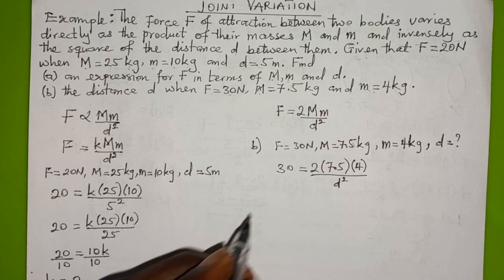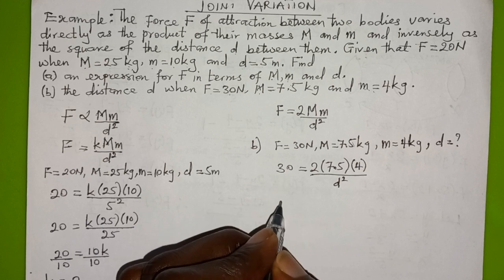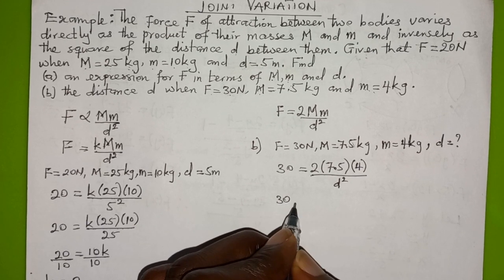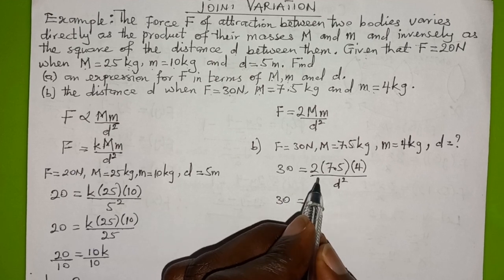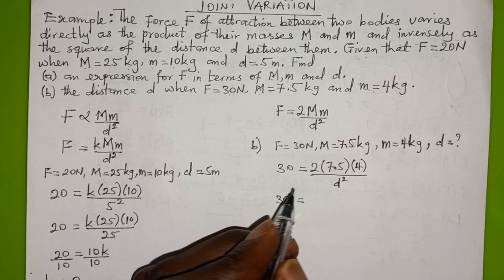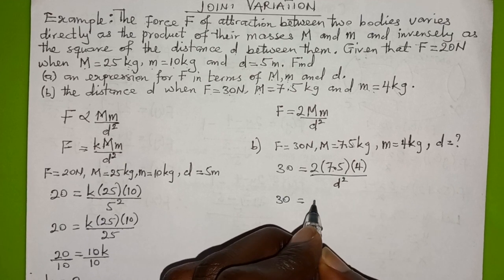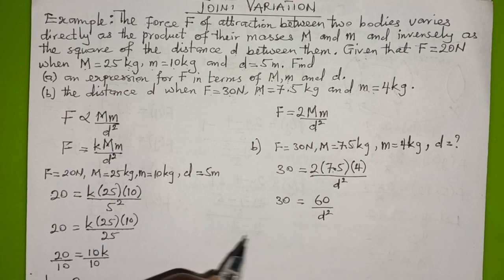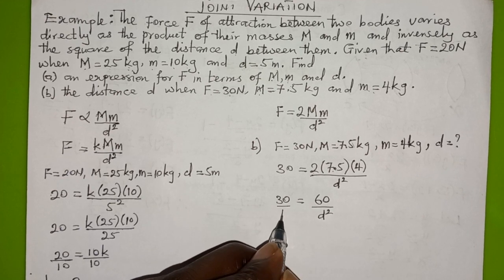So we can proceed by saying that this is then going to be 30 equals 2 times 7.5 is 15. 15 times 4 is 60. So this will become 60 over d squared. This 30 is over 1.